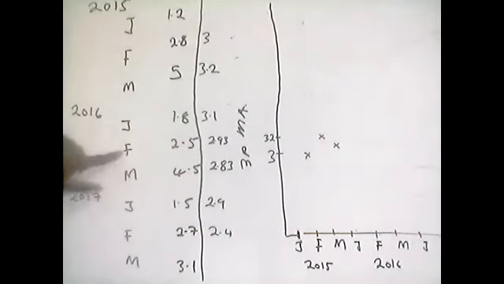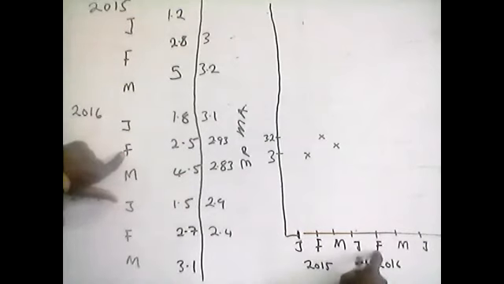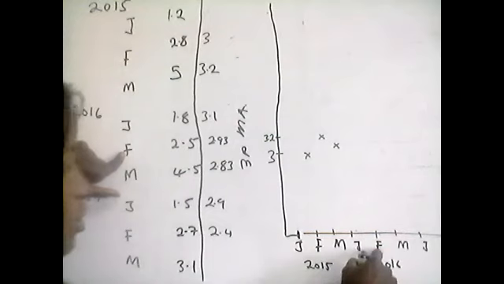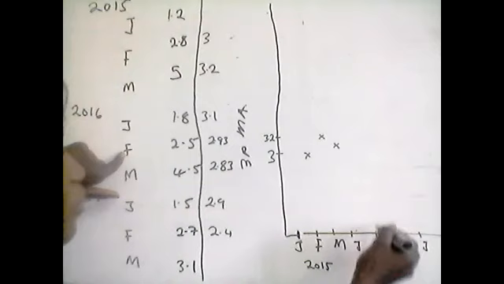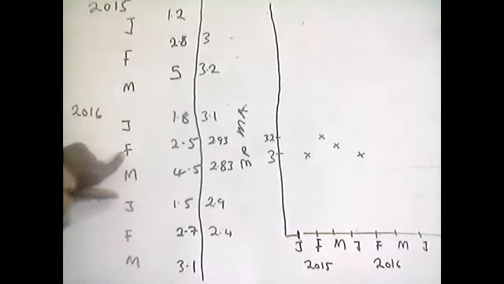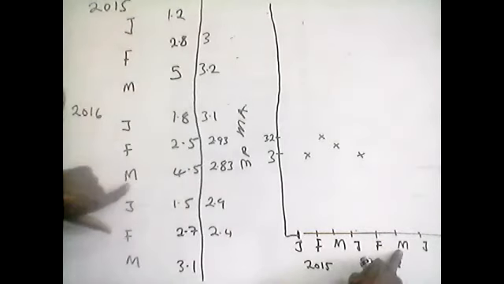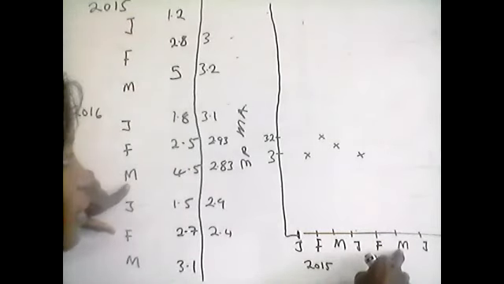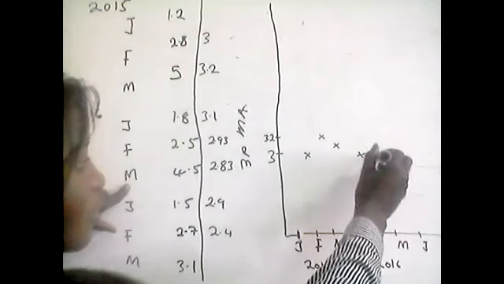In which month? February. February 2016, we have 2.93, somewhere there. And then in March, 2.83, somewhere there.